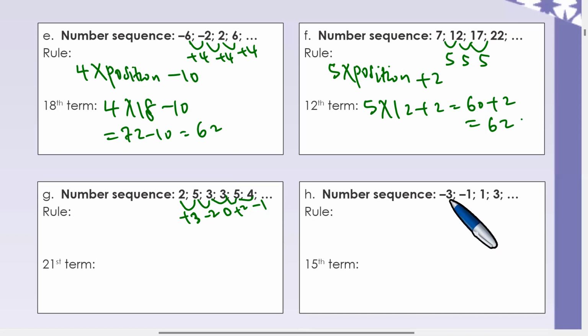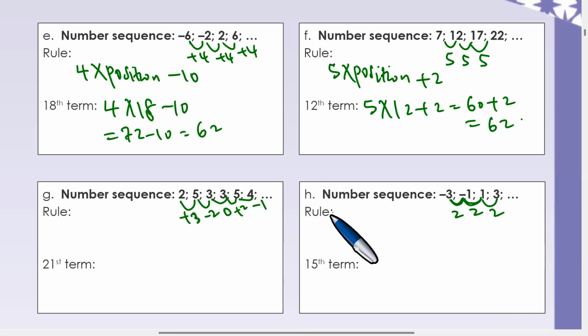Let's look at H. What are we adding here? 2, sir. Here, what are we adding? 2, all the way. Here, what are we adding? 2.